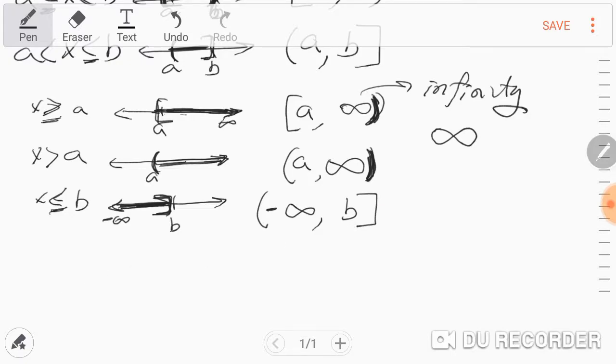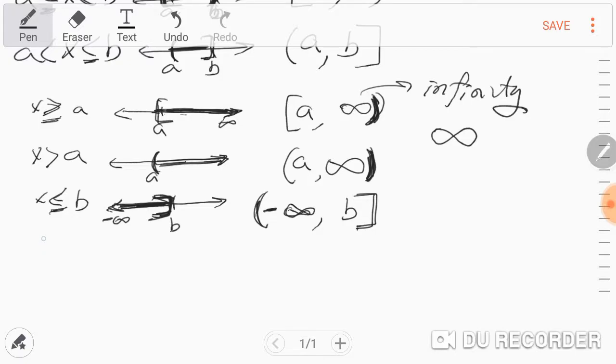So look at this. The number on the right side is b, so we use a bracket. The number on the left side, we don't know, it's going all the way to infinity, and the symbol is negative, so we use negative infinity. And infinity is always parentheses.